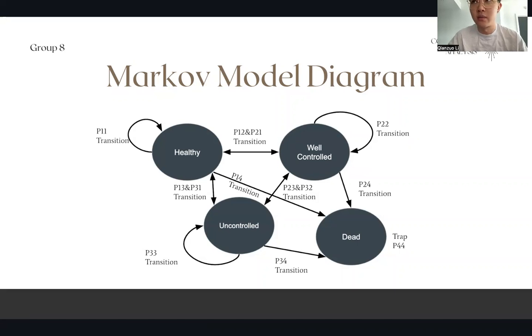As you can see, probabilities P22, P33, and P11 are the probabilities of staying in the current state, and P31, P21, and P32 are the probabilities of transitioning between states. Probabilities P12, P13, and P23 are the probabilities for transiting from the well-controlled state to another state. The next two parts are going to G.